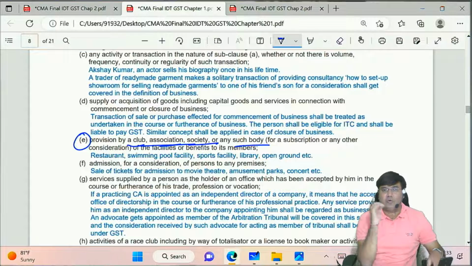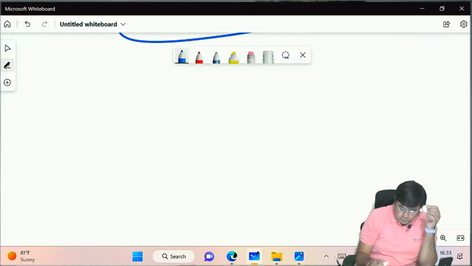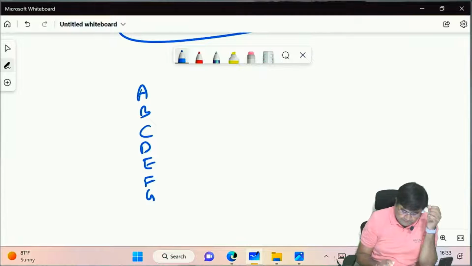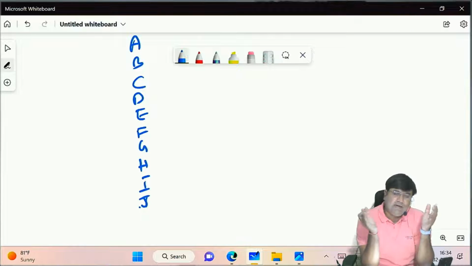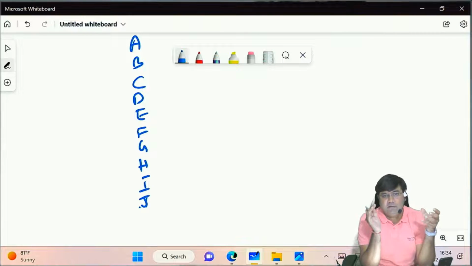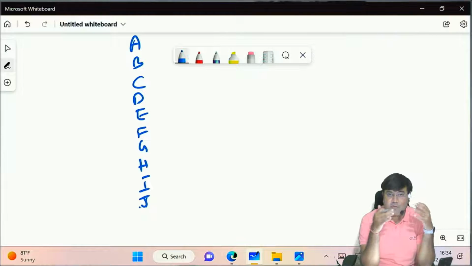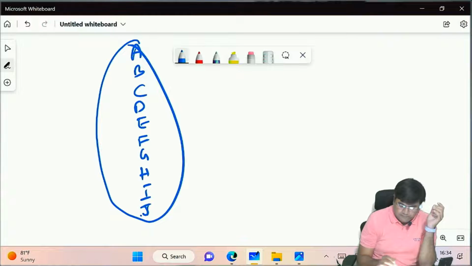Let's say there are 10 households, A, B, C, D, E, F, G, H, I, J, who reside in the same building and decide that rather than buying vegetables individually, they are going to buy together. To buy together, they form one club.